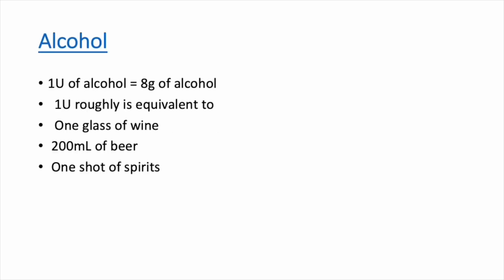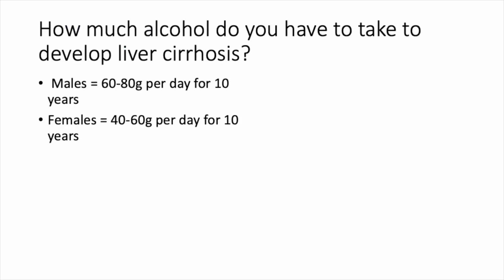And a few words regarding alcohol. 1 unit of alcohol is approximately 8 grams of alcohol. It is equivalent to 1 glass of wine, 200 ml of beer and 1 peg. 1 peg is 30 ml. So 30 ml of alcohol contains approximately 8 grams of alcohol, the standard drink. You should also know how much alcohol one has to take to develop liver cirrhosis.